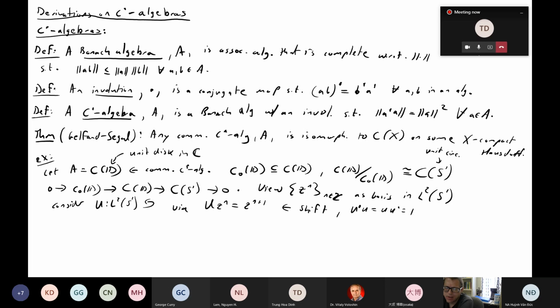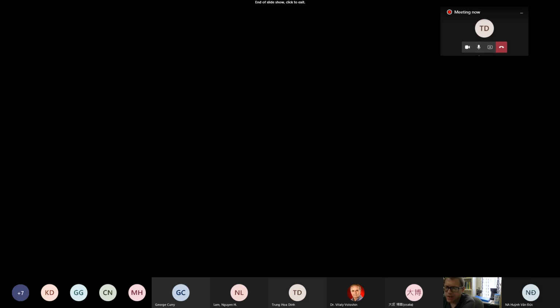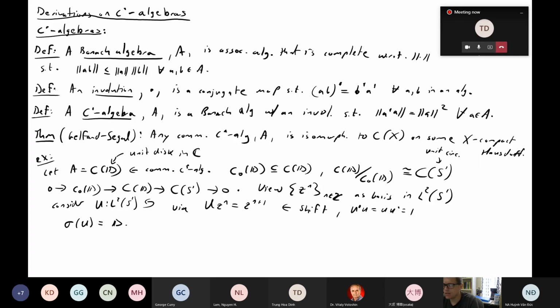You can show that everything is going to be commutative, obviously, because we're only dealing with Fourier series. But the important aspect is that for this shift, you can compute its spectrum, and you're going to get back precisely D, the disk.